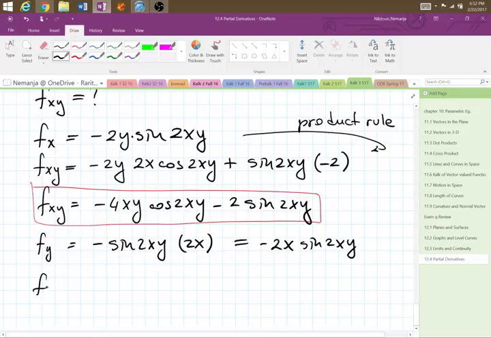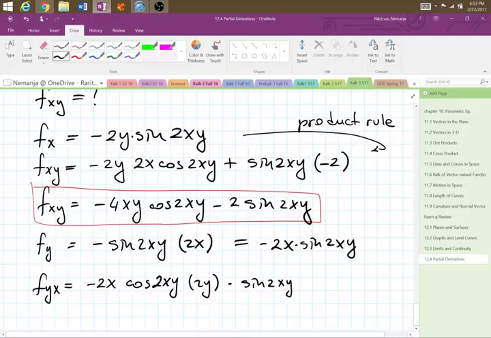And then fyx, so partial of y followed by partial in x, is going to be, again, product rule, so copy the first, negative 2x times the derivative of the second, which is cosine 2xy times 2y. And then we have times copy second, which is sine 2xy times the derivative of the first, which is negative 2.